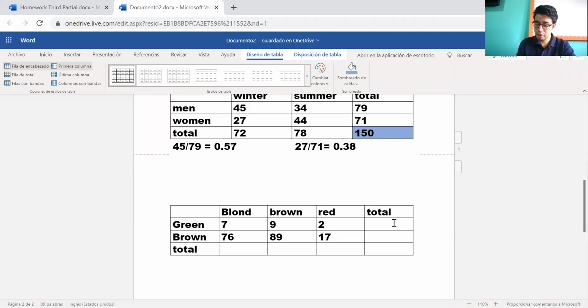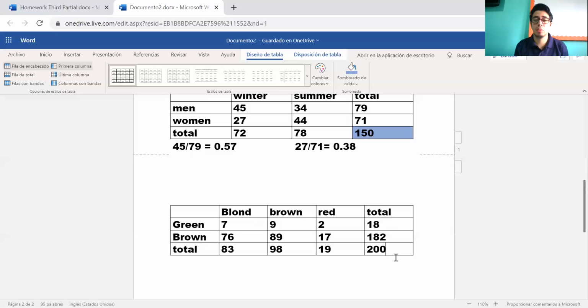The total of people that have green eyes is 18. The total of people that have brown eyes is 182. The total with blonde hair is 83, with brown hair is 98, and with red hair is 19, and the grand total is 200. So the sum for the rows and the columns is 200.